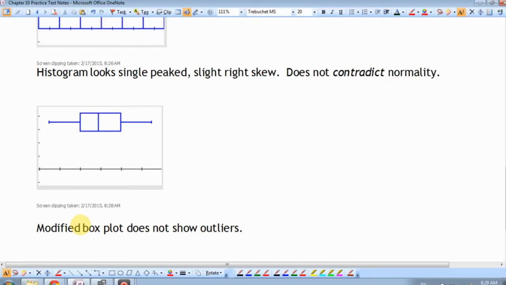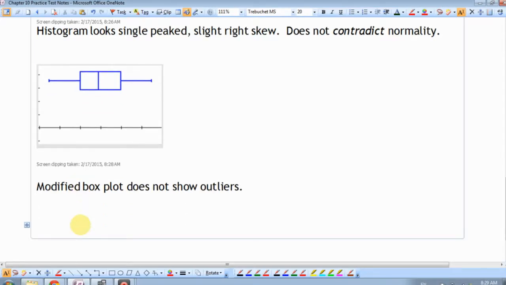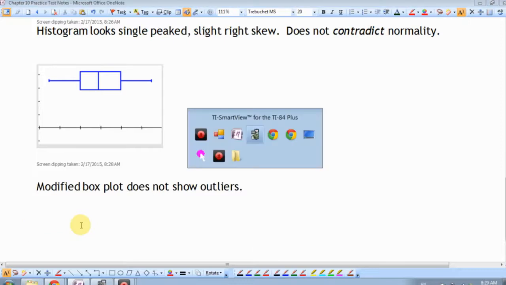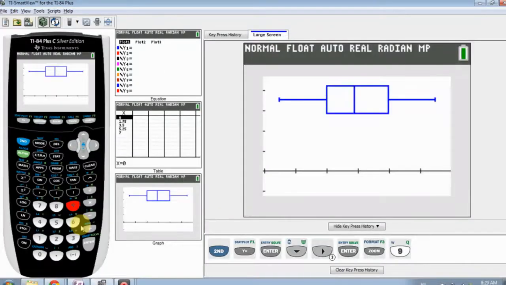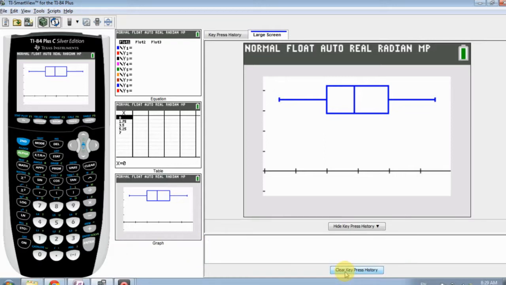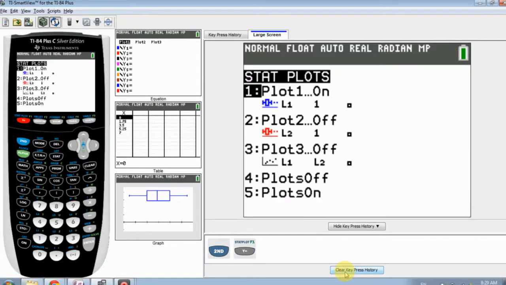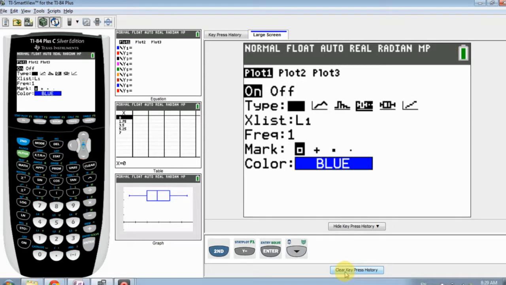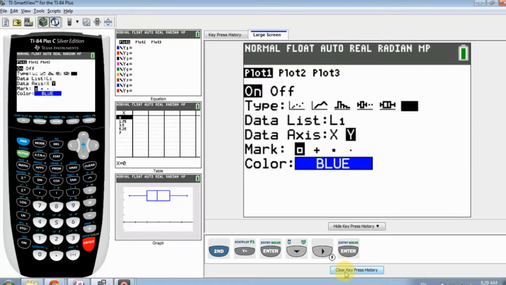Lastly, we're going to take a look at the normal probability plot, check for linearity. Again, go back to second stat plot. Get to that very last graph. Make sure that we have the correct list, L1.